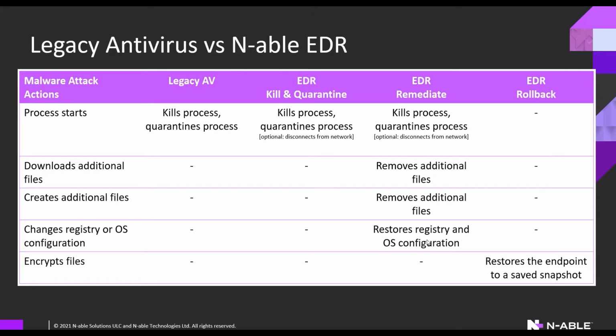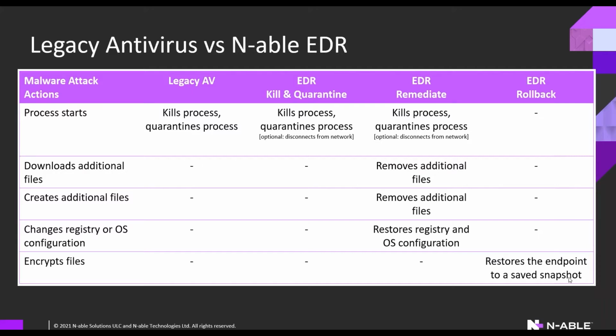It can also restore any registry or OS configuration changes that were made during a threat event to their prior value for you. And it can revert whole files back to their previous state with the rollback feature, leveraging VSS snapshots for any files that were modified during a threat event. So this is a significant step up in capabilities from traditional AV that is here for you to take advantage of.